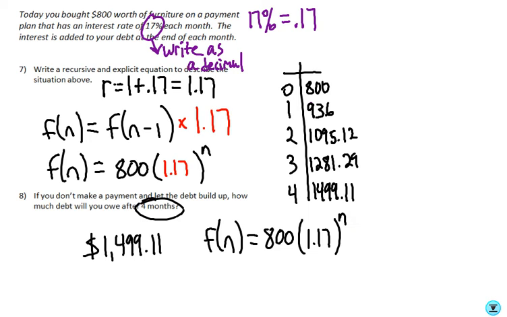What if it was for 4 months? I'd say f of 4, which would be 800 times 1.17 to the 4th power. Let me put that in the calculator.